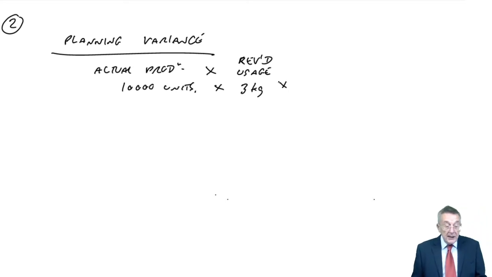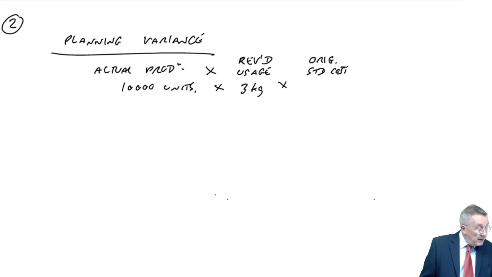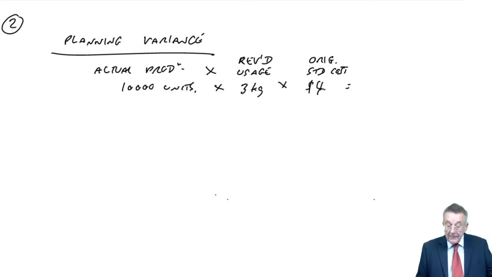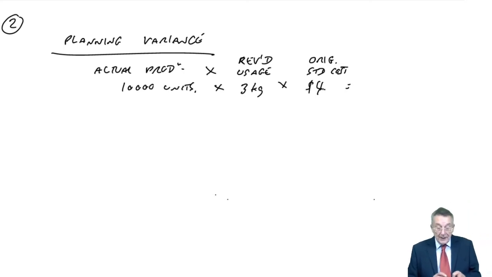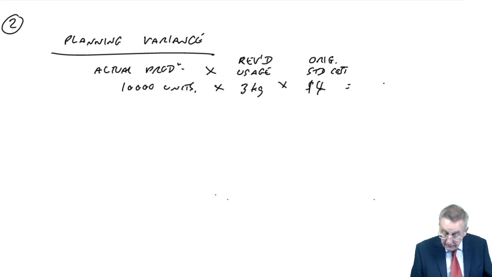And we cost it out at the original standard cost. So we did expect to be paying $4. So on our actual production, we would have expected to spend 120,000.